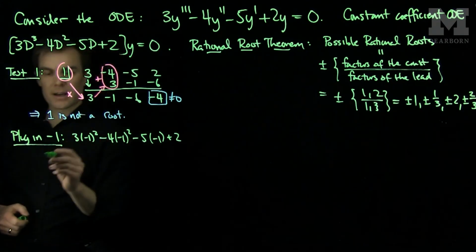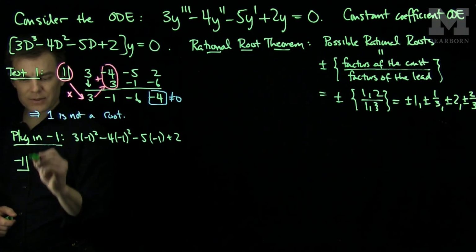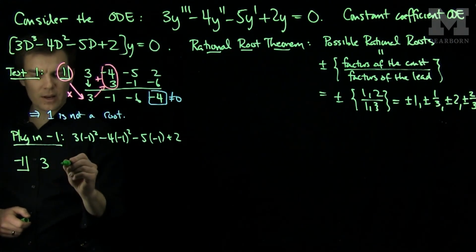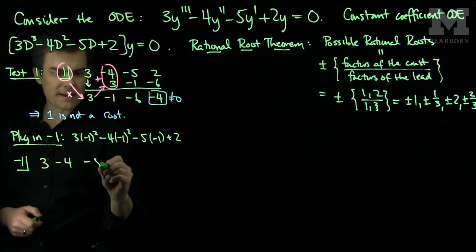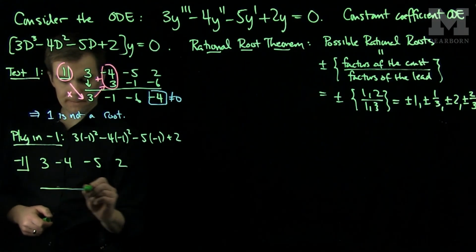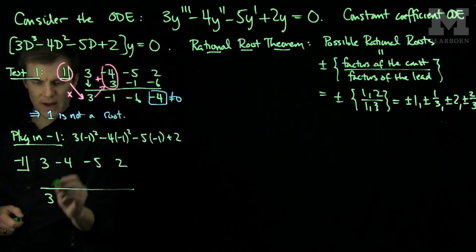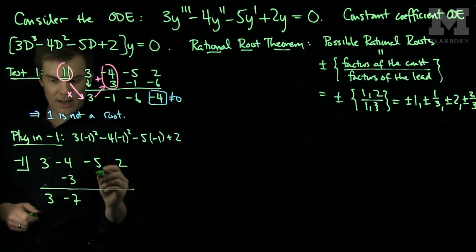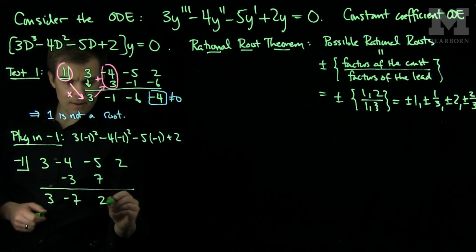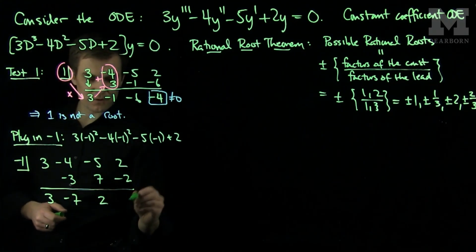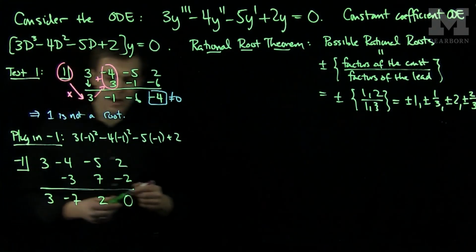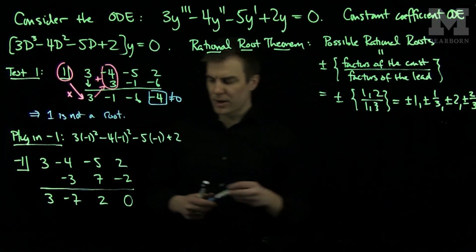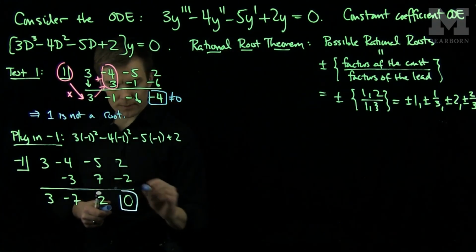So we'll plug -1 into the box for synthetic division, and we will have a 3, -4, -5, and 2. I'll pull the 3 down. Then I'll have a -3, then a -7, then a +7, a +2, and a -2, and finally a 0. In synthetic division, when we get a 0 down over here, that says that we have a root.